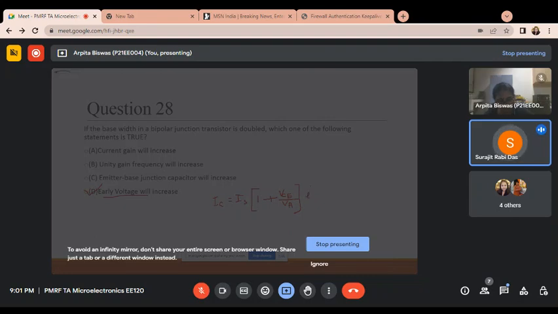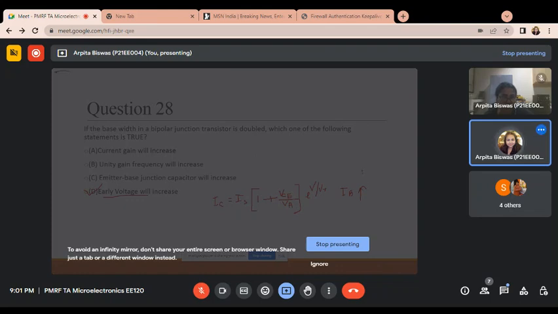But here the base is doubling, so the current gain will be less, because the emitter injection efficiency will be less. So alpha will be less and beta will be less. But here current gain is increasing? See, if the base width increases, it means the IB value increases. And from this equation you can see that if IB increases, then the IC value will decrease.